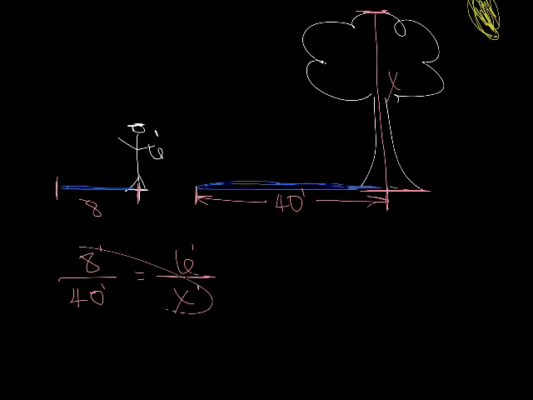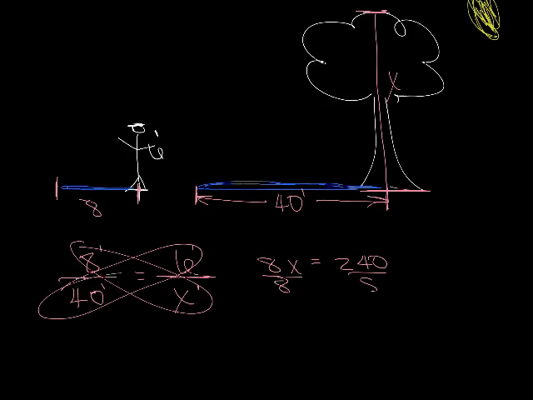But I can cross multiply and get 8x equals 240. I divide both sides by 8. 240 divided by 8 is 30.